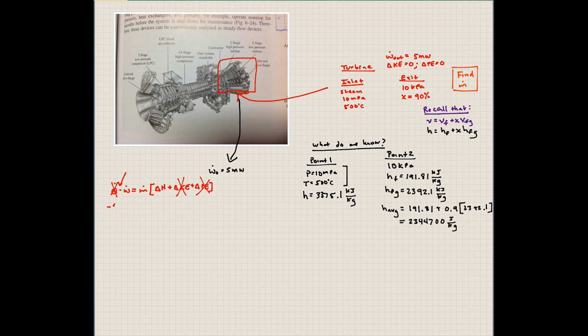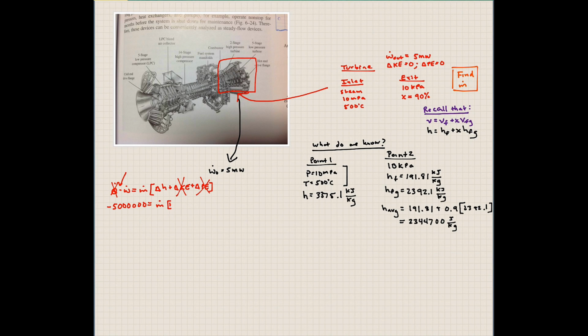So this will be minus 5 million watts. Mass flow rate, we don't know. And the delta h is going to be, these all should be lowercase. Delta h, or let me expand this.